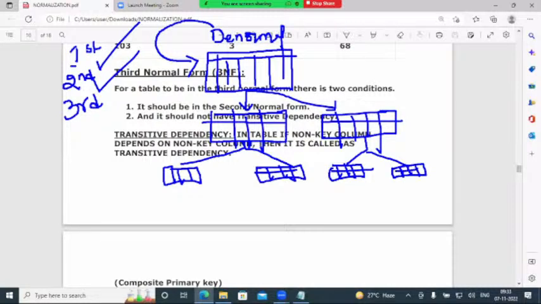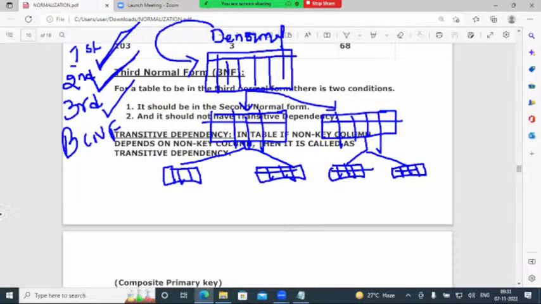After checking this, I check these tables again: first normal form satisfied or not? All tables satisfy first normal form. Then second normalization, all tables satisfied, no problem. Then third normalization, satisfied.